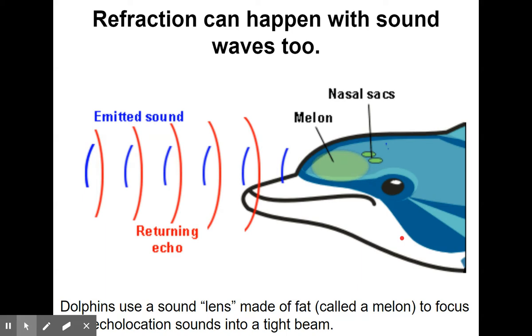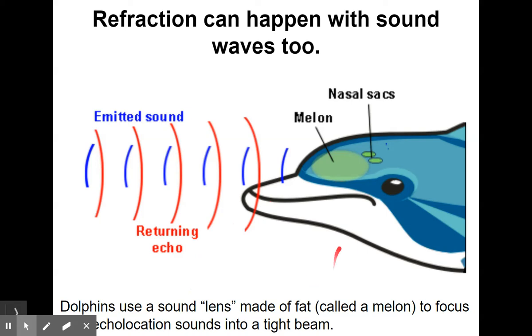Refraction can happen with sound too. It's a little different to think about because we don't really experience refraction. But here's a neat example: dolphins. Dolphins, you know how they have that curve in their forehead right here, and that is because they have kind of a ball of fat called a melon, and they use it as a sound lens to focus their echolocation sound.